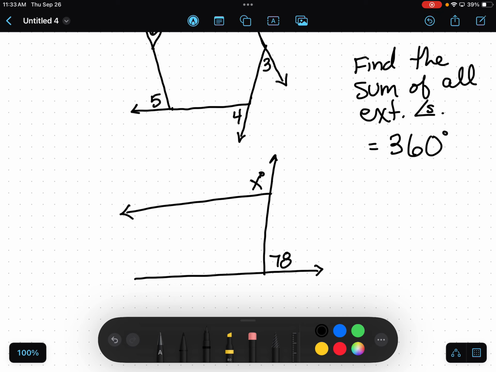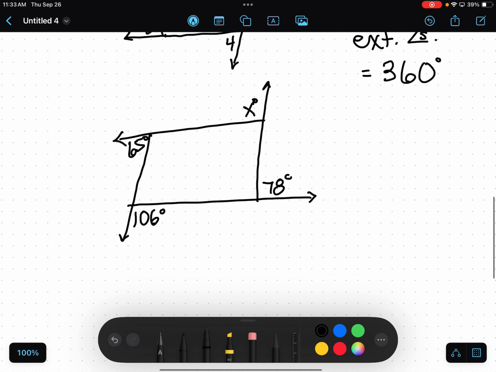Let's make that 78 here. And one more. It goes this way. And 65. Okay, so what we're trying to do is come up with what's the missing piece. And so if all of our angles add up to be 360 degrees, we have to try to find that one piece that's missing.